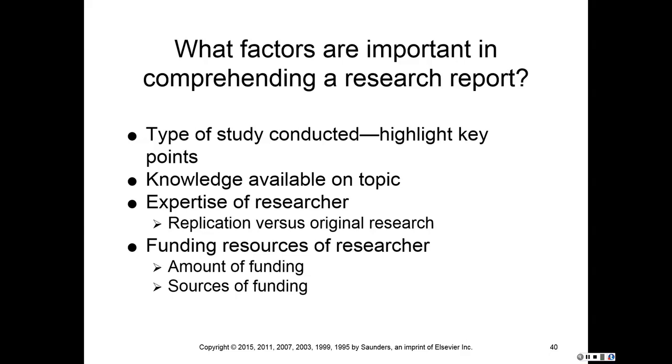And is this study an original research, or is it a replication of a study that was done by someone else? We like to see replication studies, all right, because that gives strength to the findings, right? They were able to use the same study design, same characteristics for selecting the sample, same intervention, and the outcome, right? The results were the same.